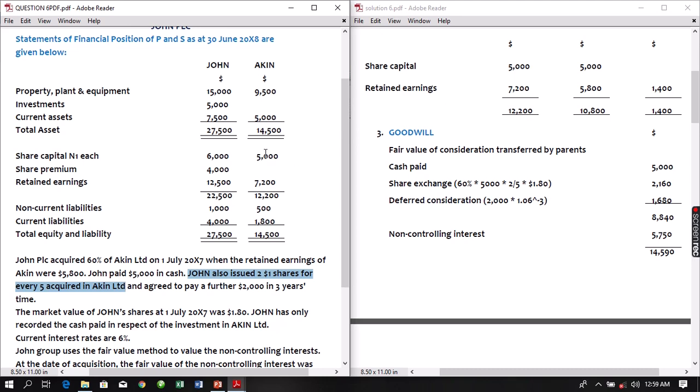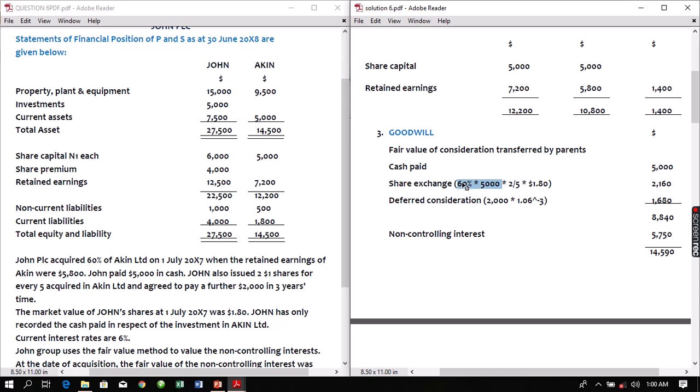So if I have $5,000 here and the shares are $1 each, it means that the total shares available in Akin is 5,000 shares. That is the total shares available. So I want to get 60% of that, so automatically I know the number of shares I'm getting.